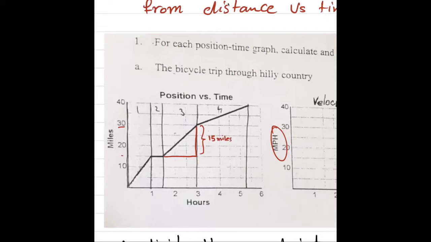And the run, it's the difference in time. 3 minus 1.5. And that should give us 1.5 hours. And again, my units, I get them from my axis. So you can see I'm using hours here, and I have miles right here.